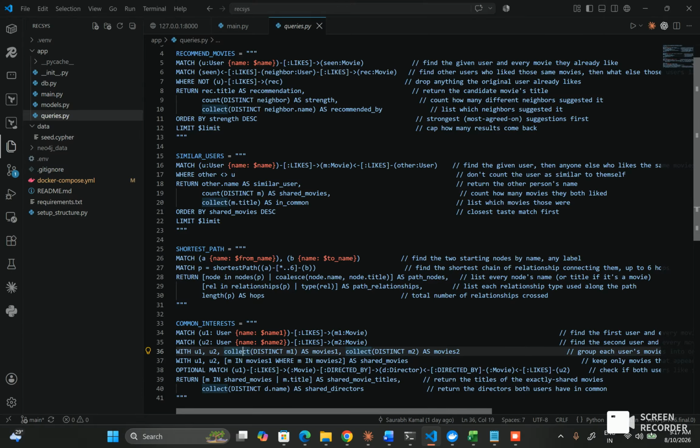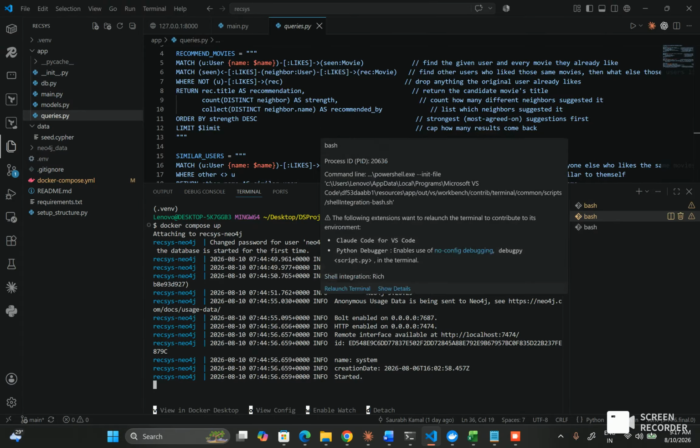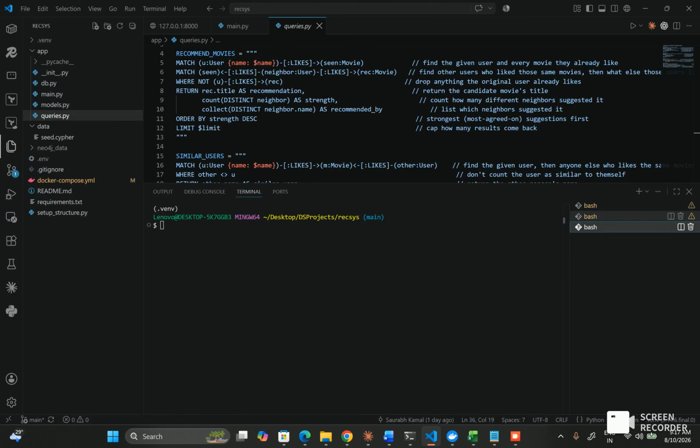Now let me show you one more thing in parallel, because now this will become much more interesting and much more logical and understandable. Let me start the FastAPI app. python -m uvicorn app.main:app --reload.